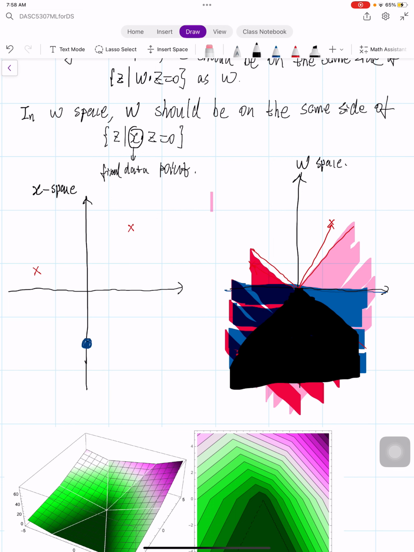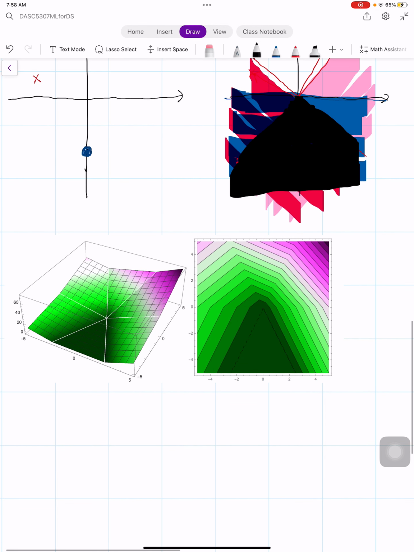So this is called the perceptron algorithm. That's the idea, and in Python you can plot it. This is the plot of our risk function, R omega.